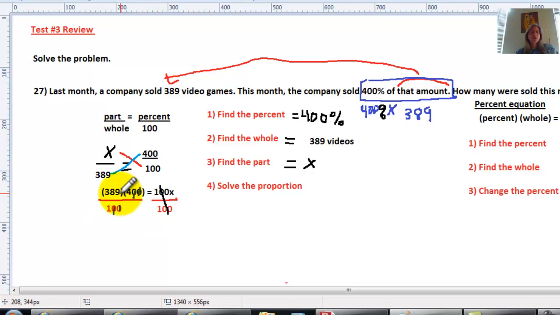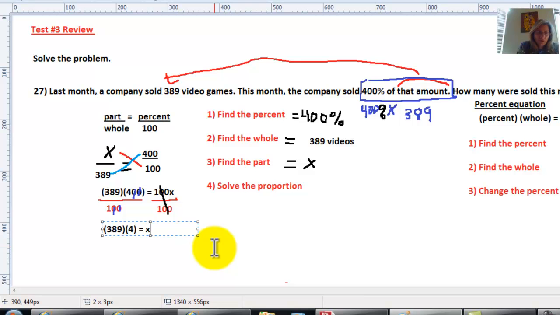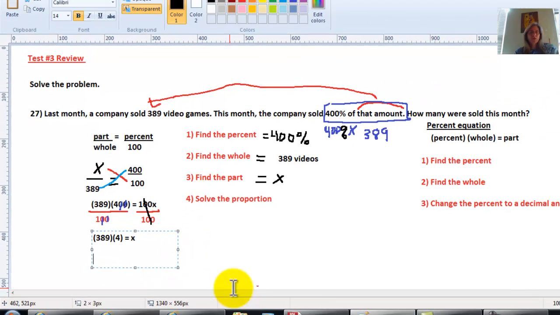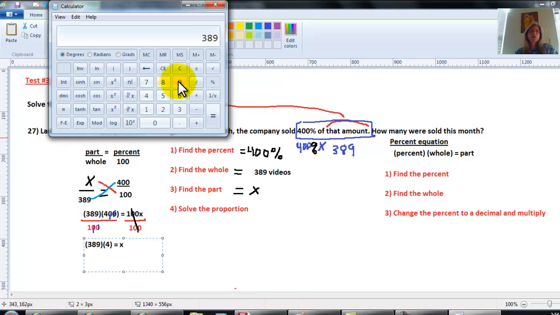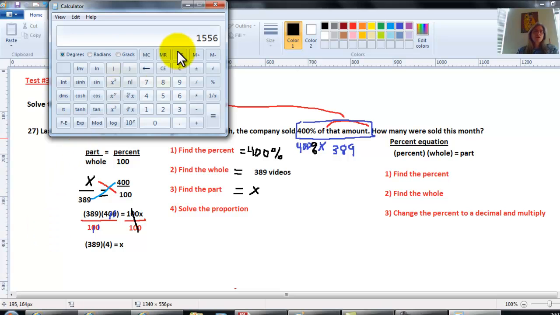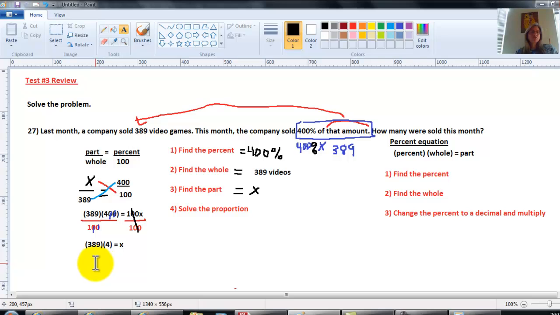So what you have now is 389 times 4 over 1. So that would equal X, which then equals 389 times 4. So it's 1556. Well, that seems kind of large.